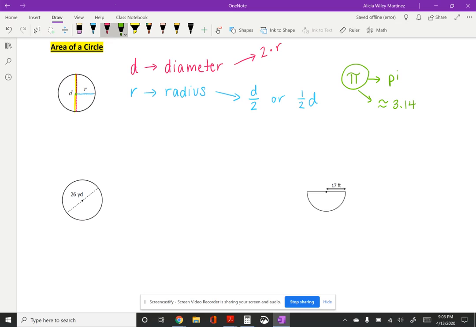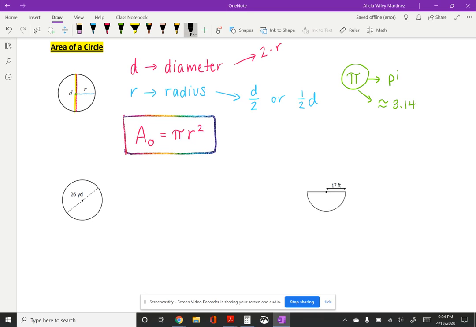Now, to find the area of a circle, you're going to be using that symbol. The area of a circle is represented by the formula pi r squared. This is the formula for the area of a circle.